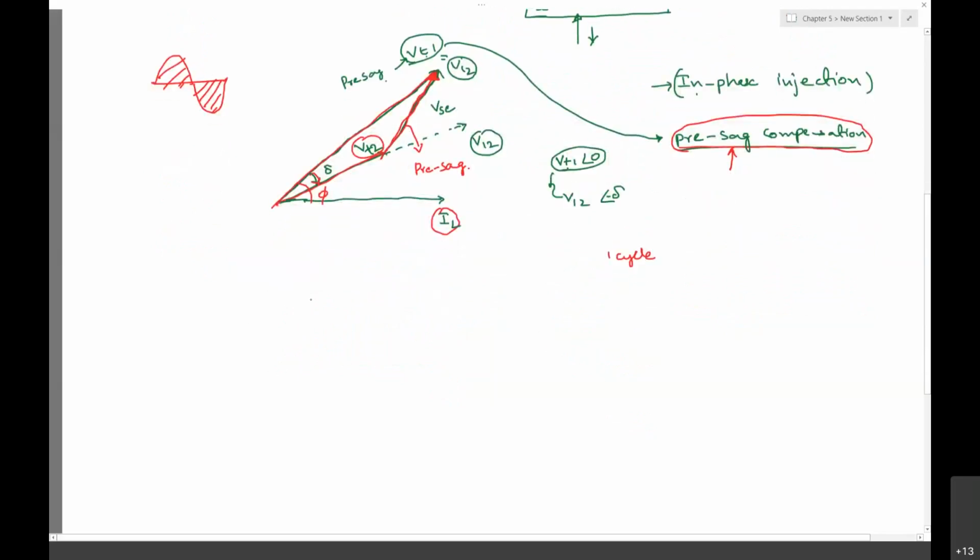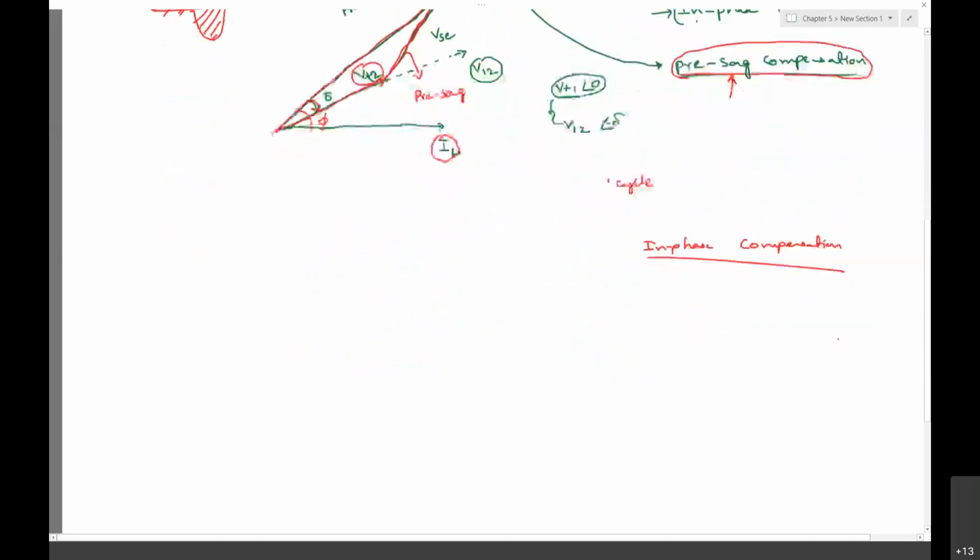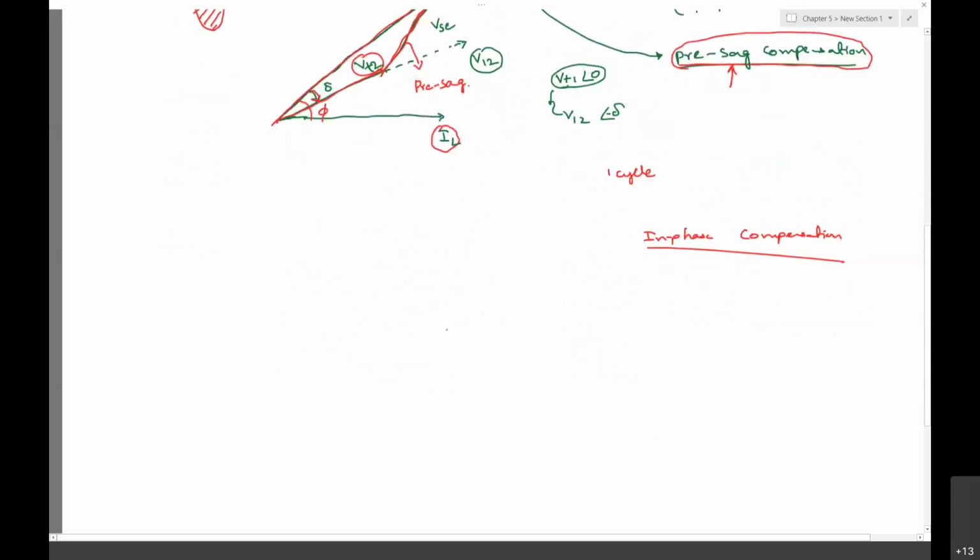The next is the in-phase compensation. This is about the pre-sag voltage, and this is about the sag voltage.